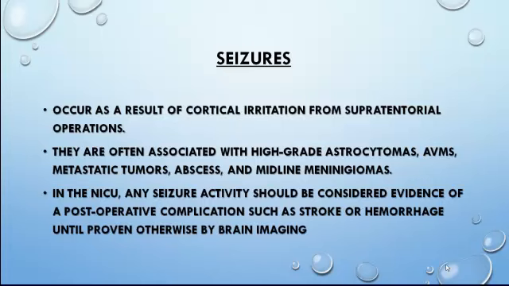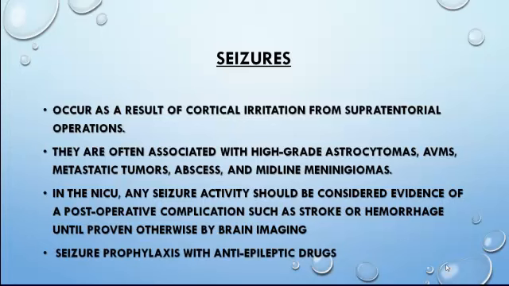In the NICU, any seizure activity should be considered evidence of a post-operative complication such as stroke or hemorrhage until proven otherwise by brain imaging. Seizure prophylaxis with an anti-epileptic drug should be started for these patients.